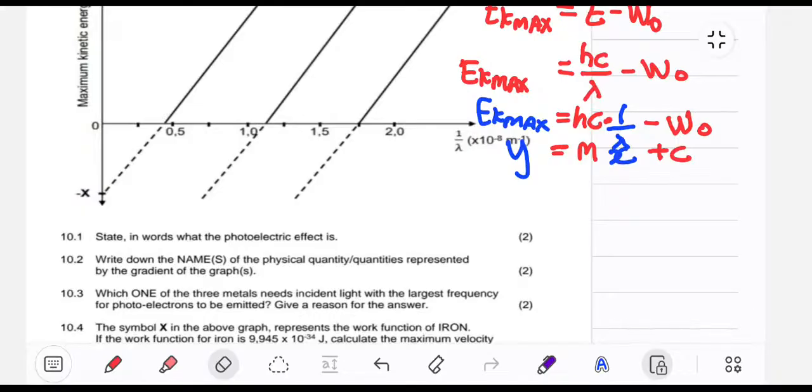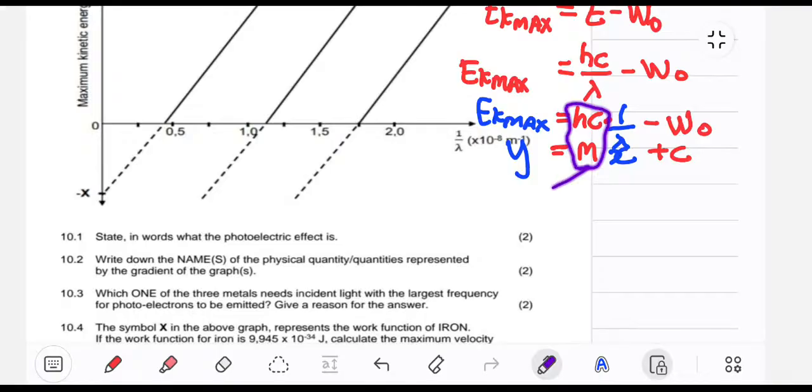The second question is: write down the name or names of the physical quantity or quantities represented by the gradient of the graphs. So it's either 1 quantity or 2 quantities. The gradient is m, which equals HC.